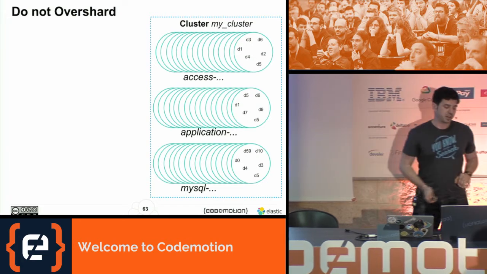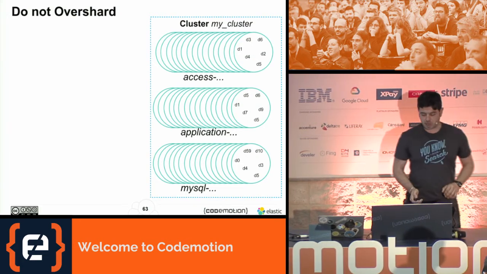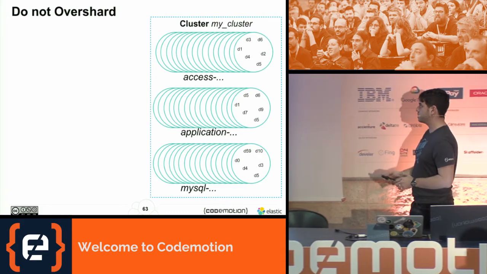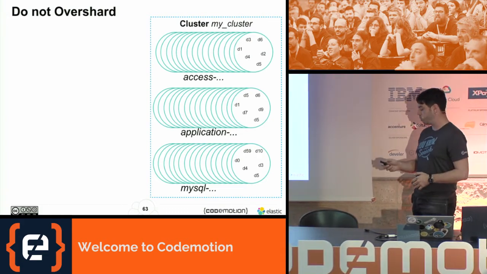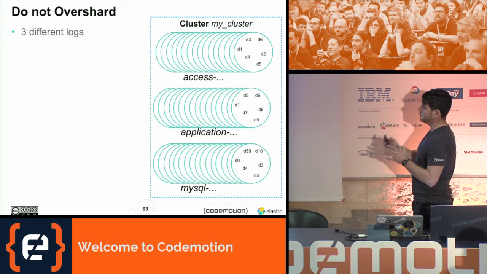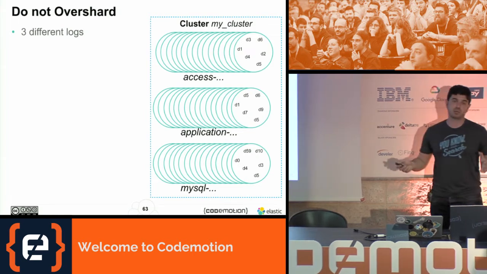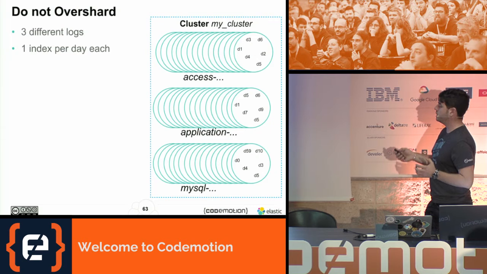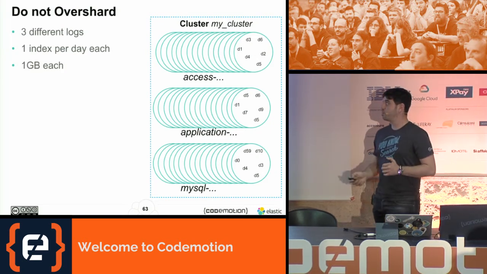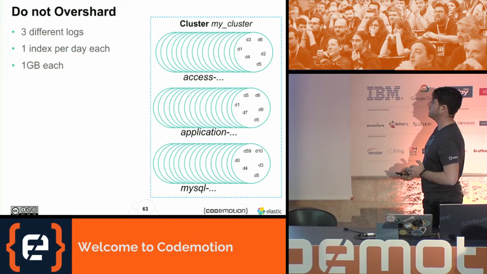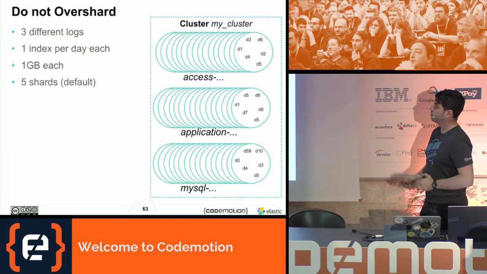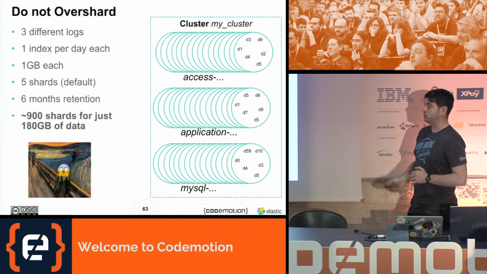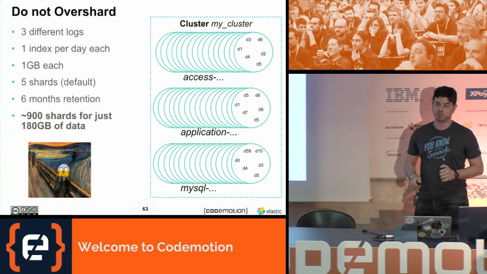We don't want to overshard. This is a scenario I was mentioning earlier. We start with default settings, so 5 primary shards per index, replication factor 1. We start with 3 different types of logs, and it makes sense to put them into 3 different indices. So one index per day, a gigabyte of data combined across the 3 indices, 5 shards by default, 6 months retention, and we end up with 900 shards for just 180 gigabytes of data.